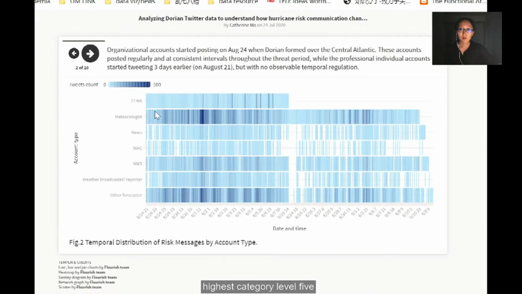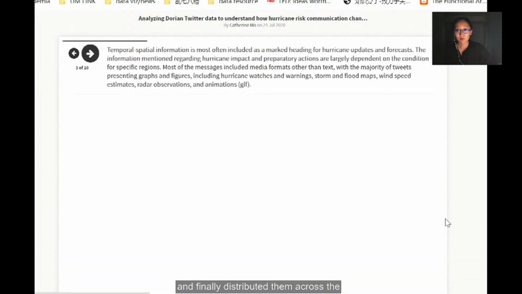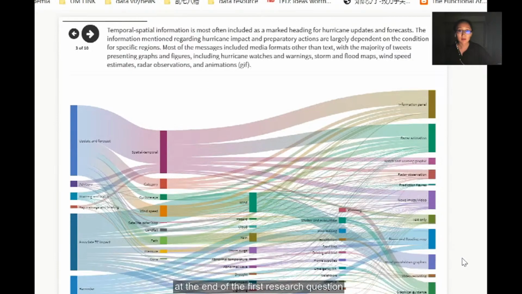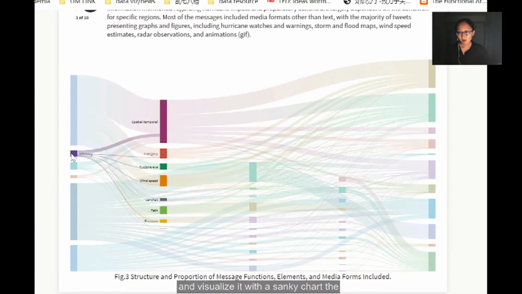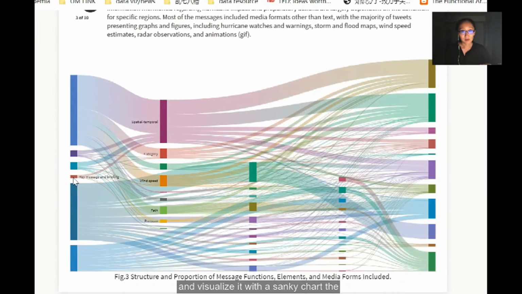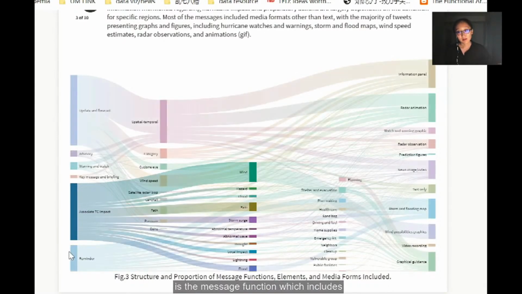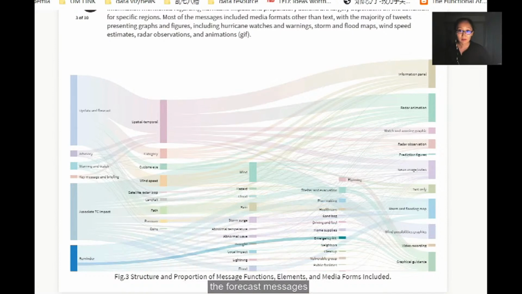This is another way to visualize the whole data. We categorize the tweets based on the creator's account, and then we encode the amounts of tweets with a sequential blue color, and finally distribute them across the time frame. At the end of the first research question, we manually identified the message patterns and visualized them with a Sankey chart. The first column is the message function, which includes forecast messages, associated impact, and reminder.